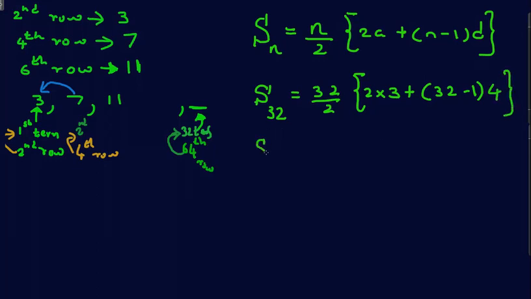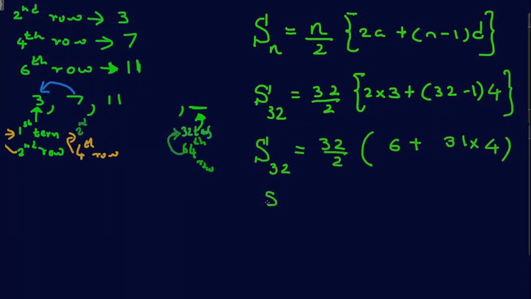So S_32 equals 32 over 2 times 2 times 3, which is 6, plus 32 minus 1, which is 31, times 4.